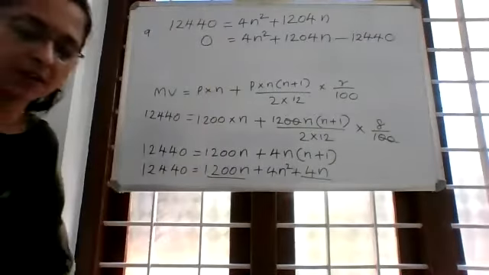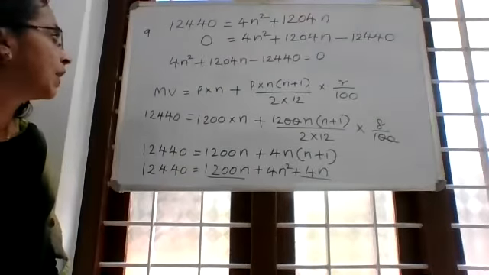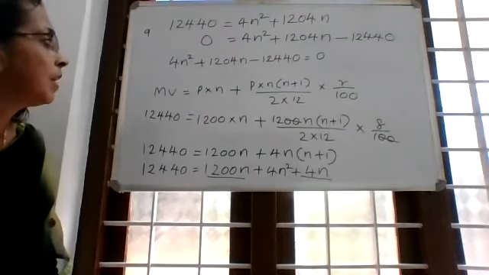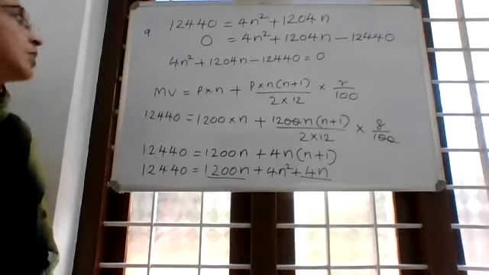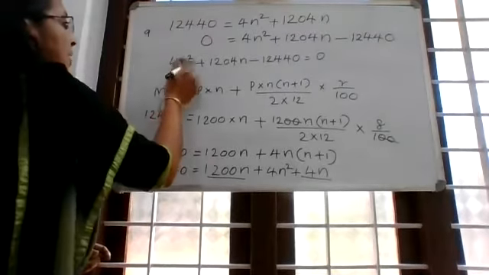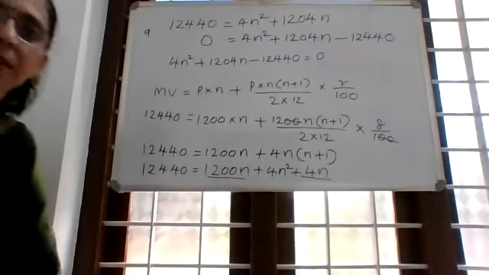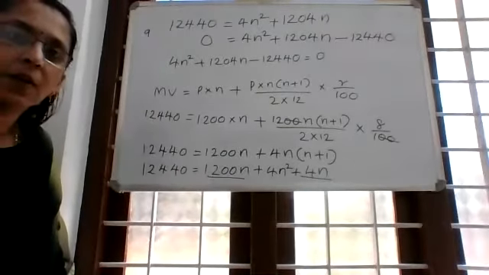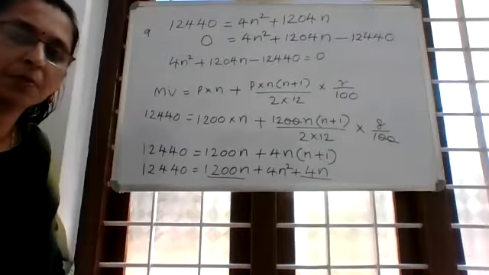So it forms a quadratic equation: 4N square plus 1204N minus 12440 is equal to 0. So here, try to divide by 4. Check if it is possible or not for all the coefficients.